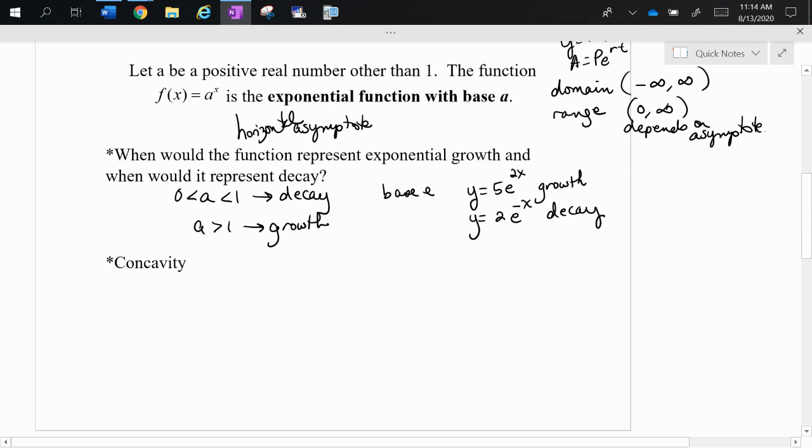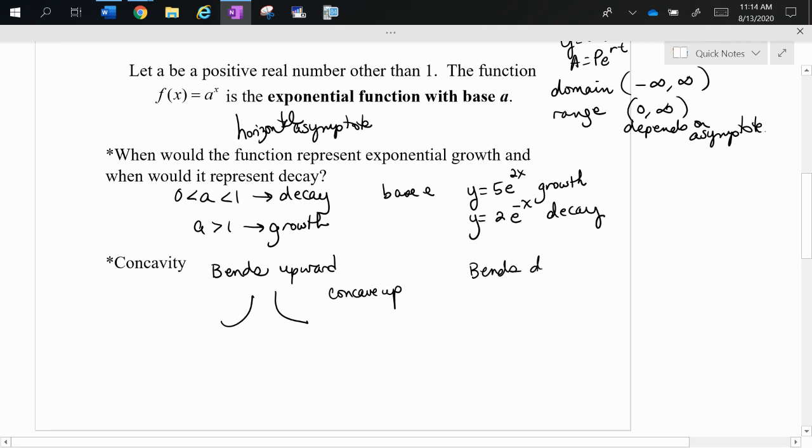Okay, so exponential functions also have something called concavity. Concavity is when a graph bends or curves, upward or downward. When we have a graph that bends upward like this or like this, we say that is concave up.